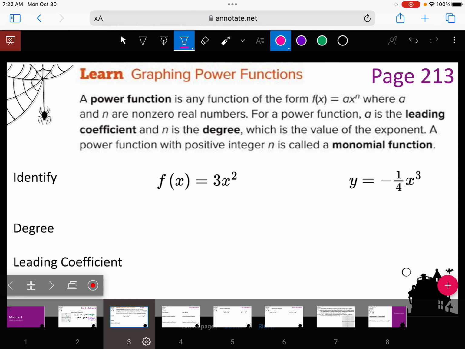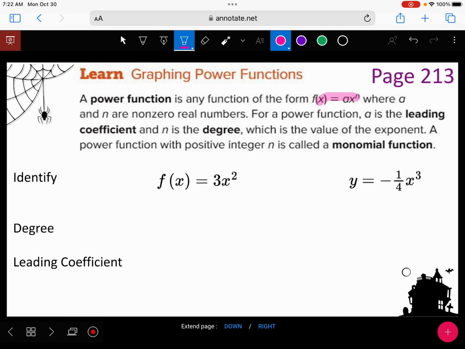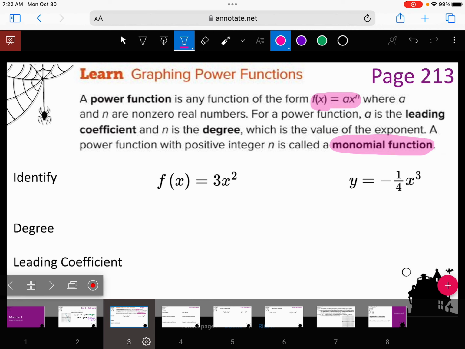Things that are probably particularly helpful are our generic form. That is the generic form of a monomial, which is the new word for that. So we are going to be dealing with monomials to begin with. You know how we have something like x squared plus 3x plus 12? That is a trinomial. It has 3 pieces. If I have 3x plus 7, that is a binomial. It has 2 pieces.